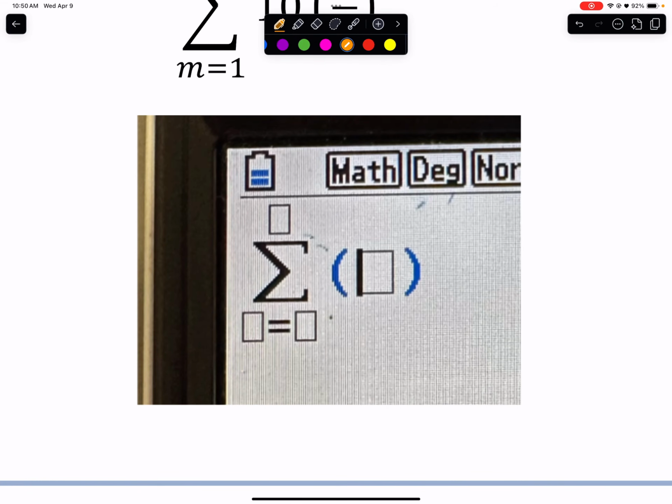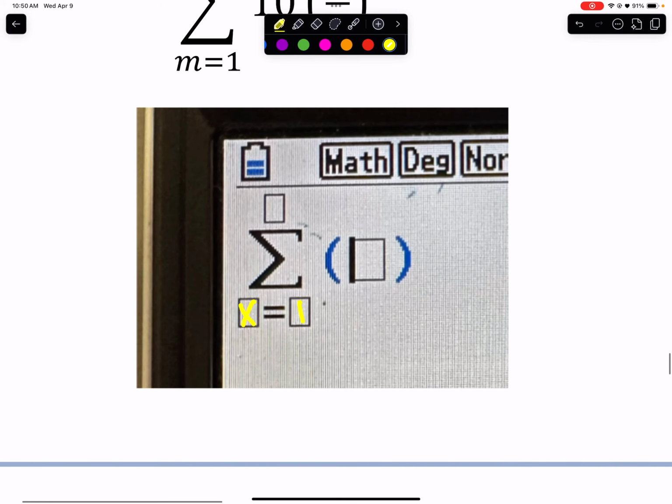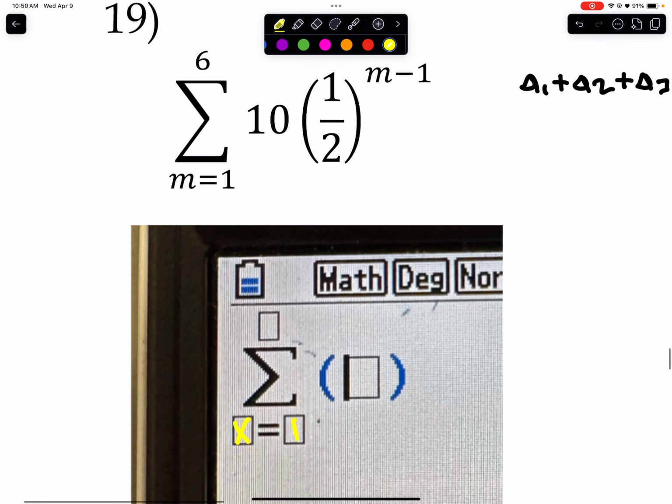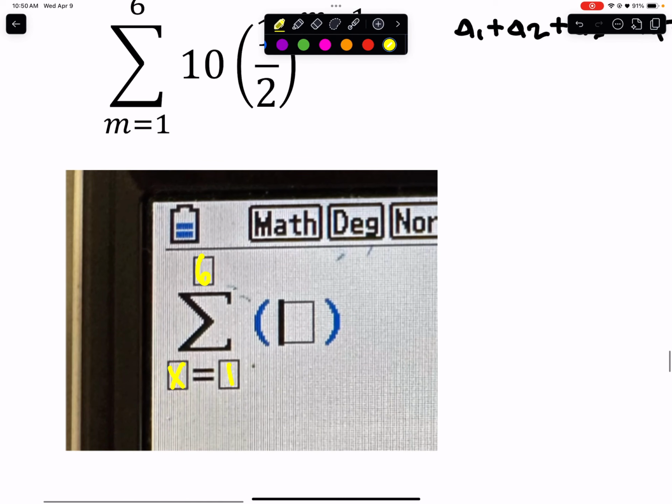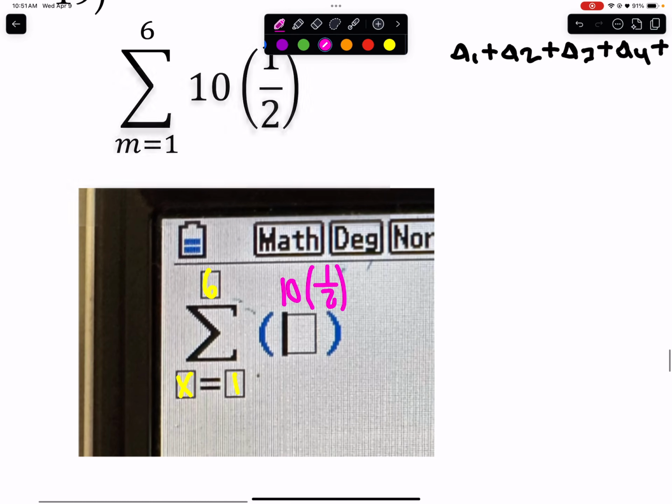So when you get here, what you're going to do is type in your variable x, and then that's going to equal just 1. And then we're going to go up to 6 terms. And then you're going to type in your actual equation in this blank here. So in that blank, you're going to have parentheses, which are already going to be here. And then you're going to have 10 parentheses, 1/2, and then raised to the x minus 1.